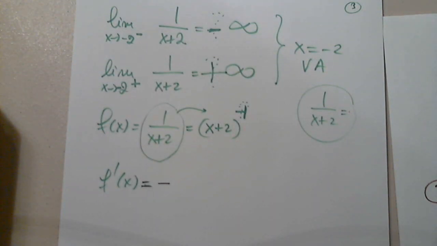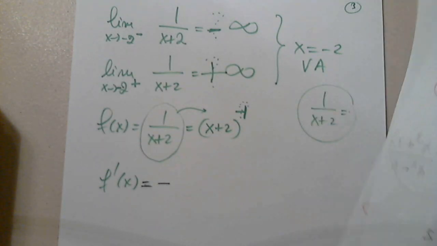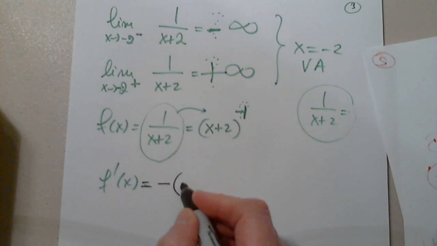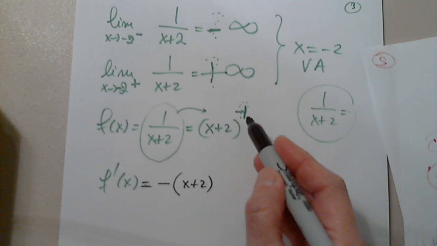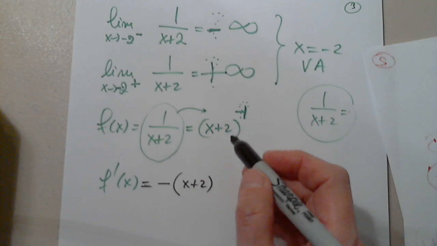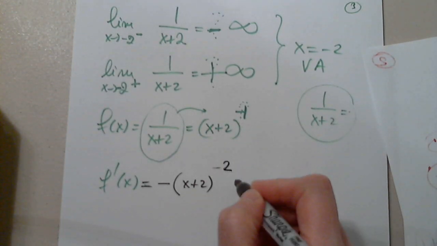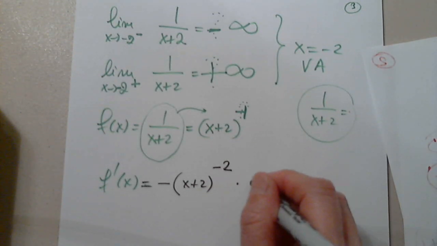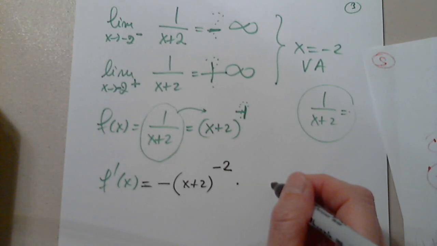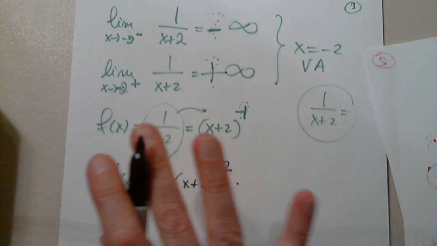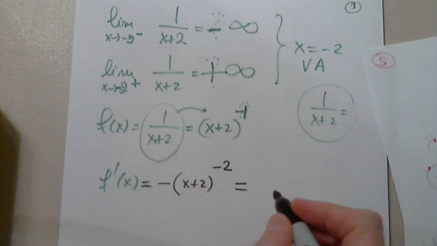Just negative x plus 2 to which power? Negative 1. Careful. 0. We subtract. Negative 2. Yes. Times, remember when I was silly? Times, what am I expecting you to say? 1. Yes. Times the inner function prime. Awesome. Which is 1. So there is no need to write anything. Now I will go back to this.